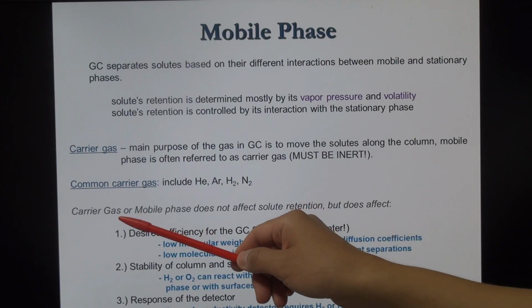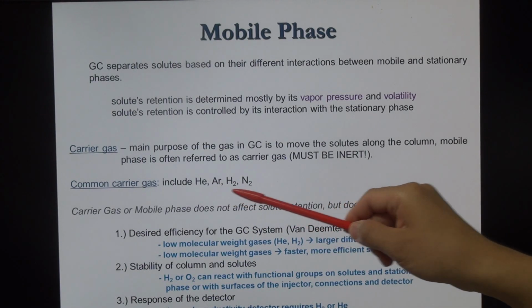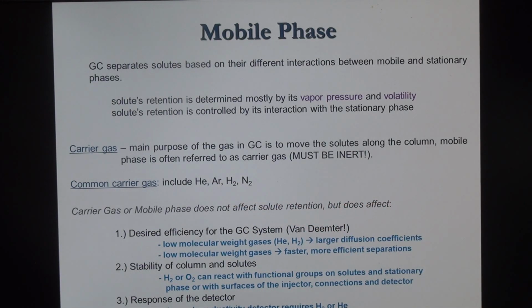Also, the kind of carrier gas affects the stability of the column and solutes. Helium, argon, or nitrogen are basically inert gases, so they do not really affect the solute or column, but hydrogen or oxygen can react with some functional groups on the solute or stationary phase, so they need to be used with care.